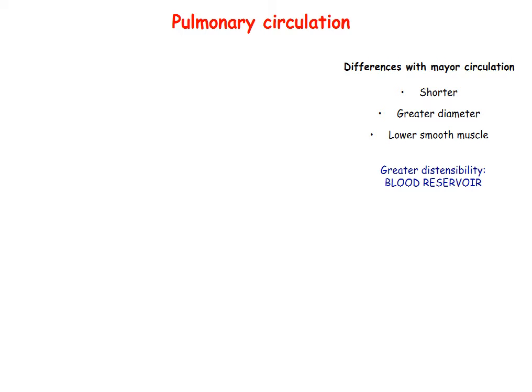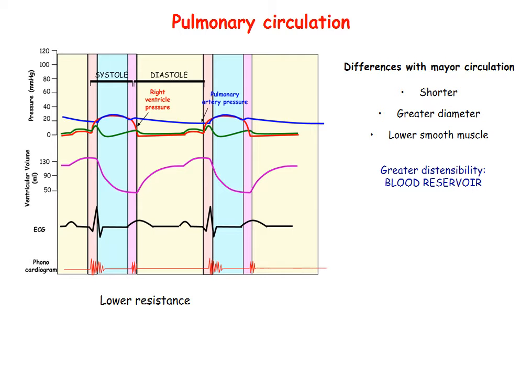Consequently, the pulmonary vessels have a greater distensibility compared to the major circulation vessels. This gives this pulmonary circulation a function of blood reservoir. Consequently, we can find a lower resistance in this pulmonary circulation. This is translated in a lower pulmonary pressure.